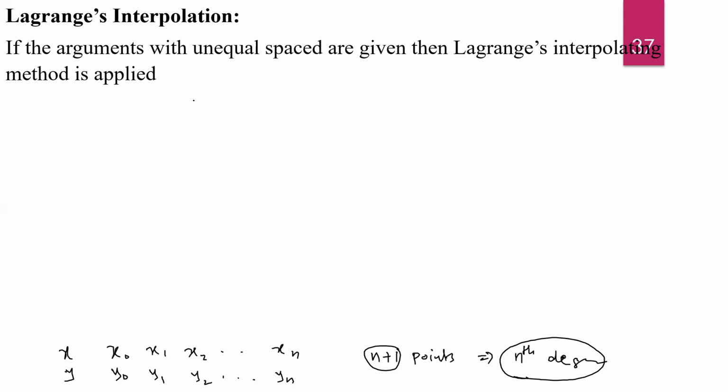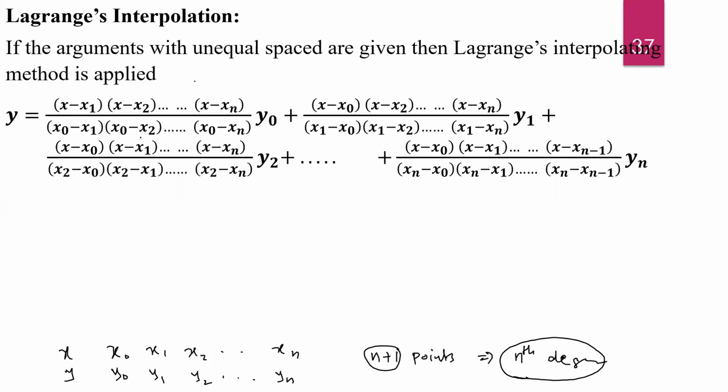Let us see the formula. I am not proving the formula here. The formula is: x minus x1 into x minus x2 dot x minus xn. The same terms are written in the denominator, only instead of x write x0: x0 minus x1, x0 minus x2 dot x0 minus xn, into y0.